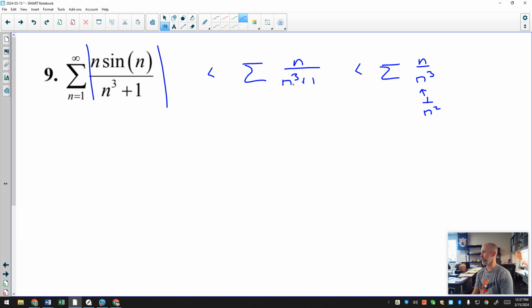N over n cubed plus 1 has a larger denominator than n over n cubed. This one converges because it's a P-series with a p greater than 1. And if we keep following our chain of less than, our original series is less than a known convergent series. Therefore, this converges. And this would be absolute.